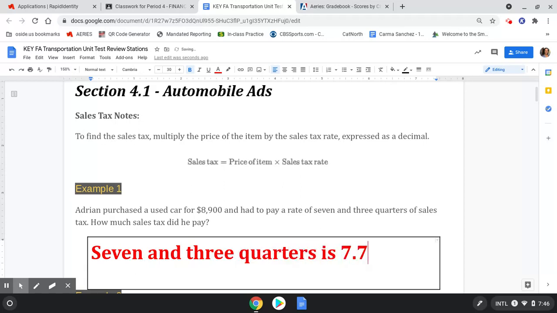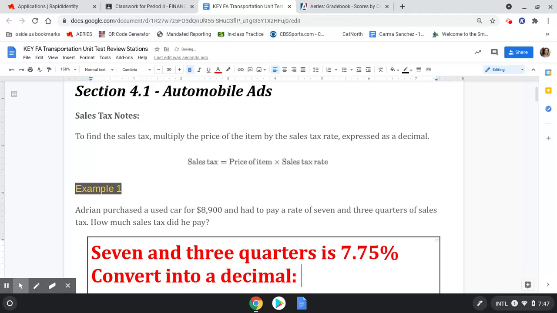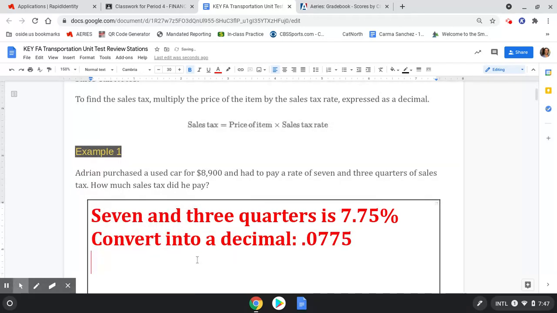Good, it's 7.75%. Remember, we then convert that into a decimal for multiplying. And so that changes into 0.0775, and that's going to be our multiplier. Grabbing your calculator, multiplying 8,900 times 0.0075.